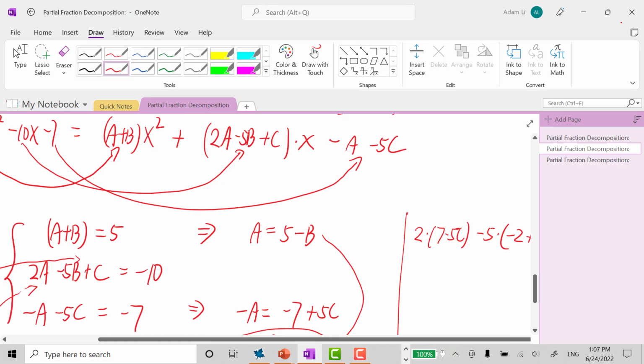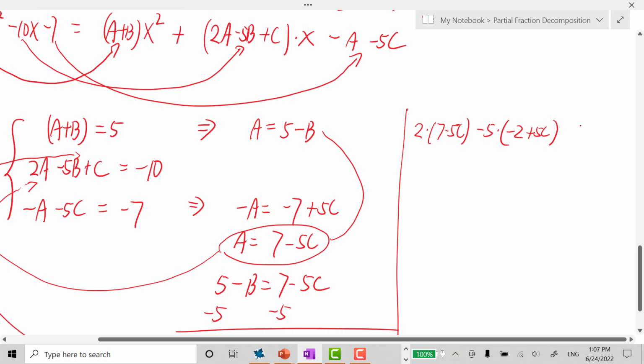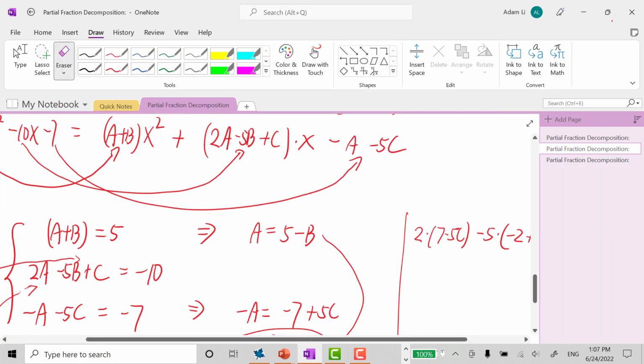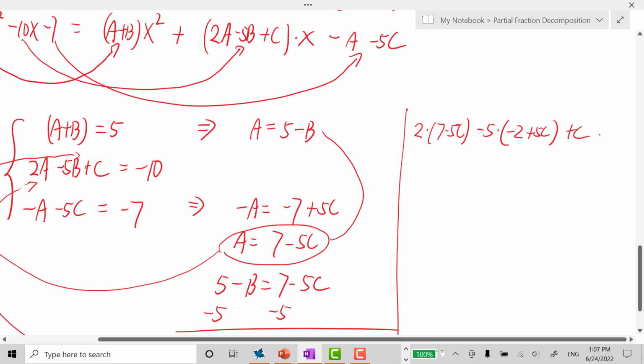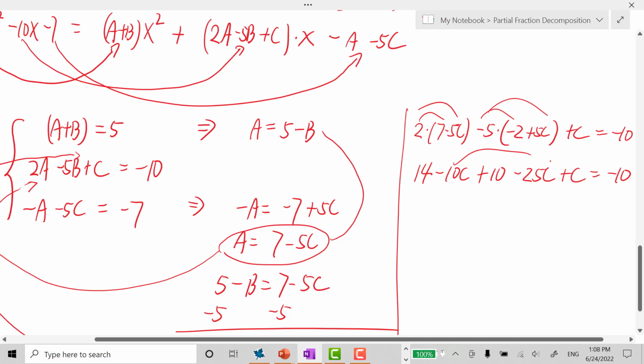Okay. That is equal to, let's distribute it. We get 14 minus 10c adding 10 minus 25c adding c equals negative 10. So combine all these c terms. Right?